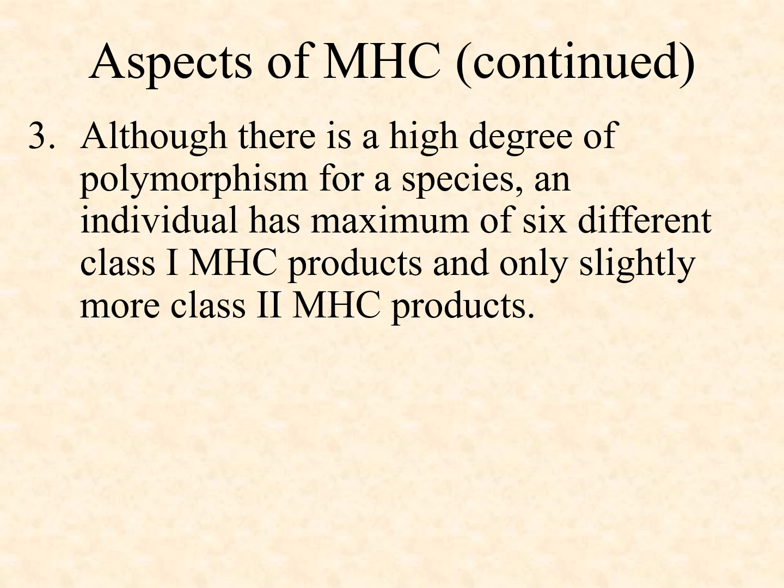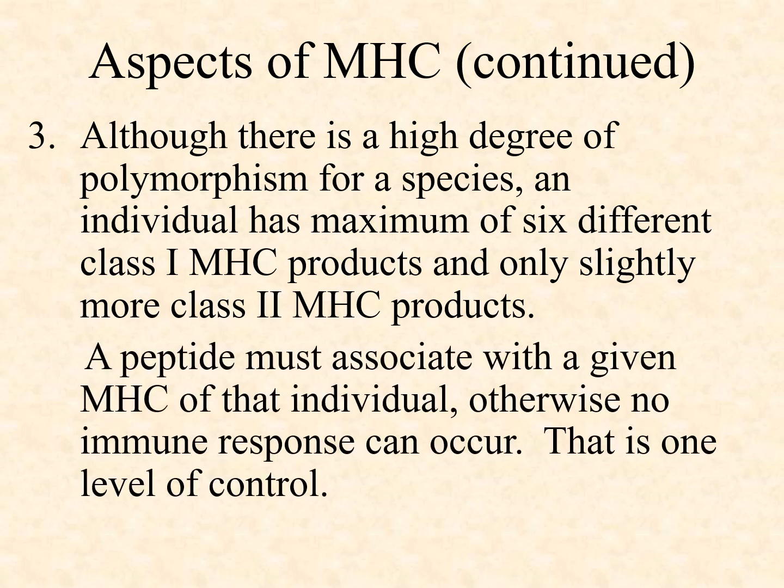Although there is a high degree of polymorphism for a species, an individual has a maximum of 6 different class 1 MHC products and only slightly more class 2 MHC products. A peptide must associate with a given MHC of that individual, otherwise no immune response can occur.